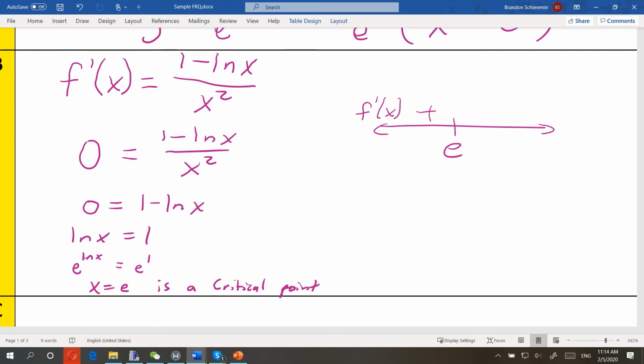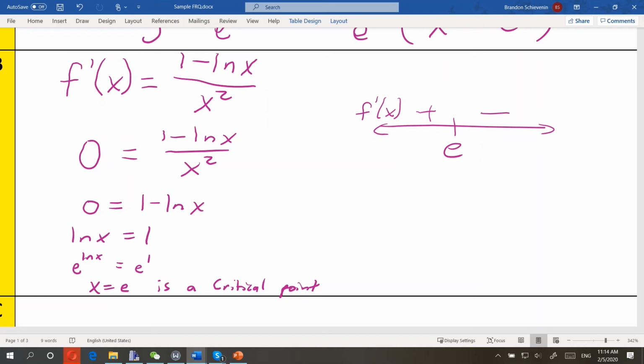If I plug in a number that is bigger than e, so we'll say natural log of e squared, with the power property I can pull that out. So this will be 2 ln e, or 2 times 1. So this is 1 minus 2 on top, which is negative, over something squared, so still negative.